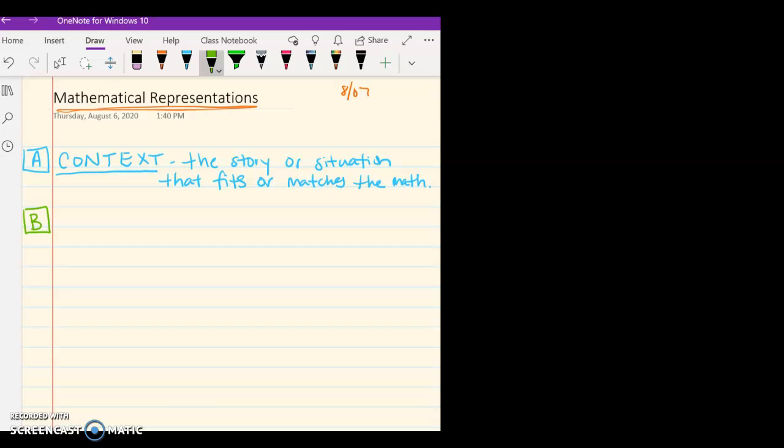The second method is going to be a diagram. So a diagram, you may also see this written as pattern, but we're going to use diagram most often. It's a visual or a picture that matches the math.